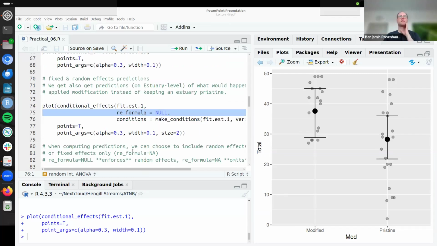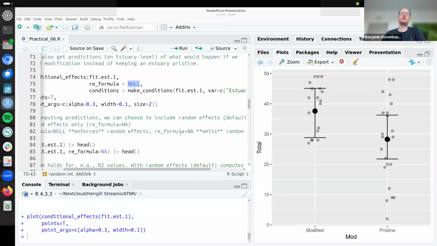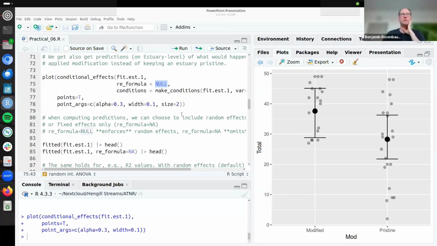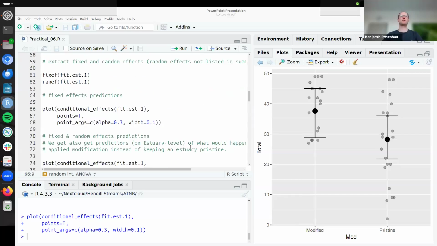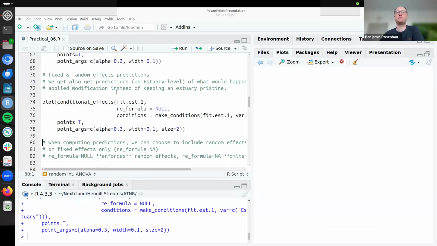In general, that's a bit tricky, and it also took me a while to find out. re_formula equal NULL for all the involved functions always enforces using random effects, and if you say re_formula equal NA, this forces it to omit the random effects. Just one thing to keep in mind. So here this function automatically uses the marginal. It does not include the random effects. So if we want to include them, we have to specify re_formula equals NULL.